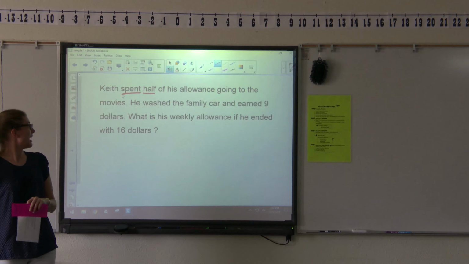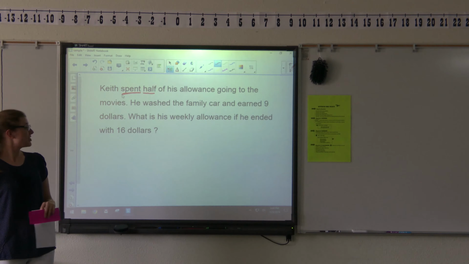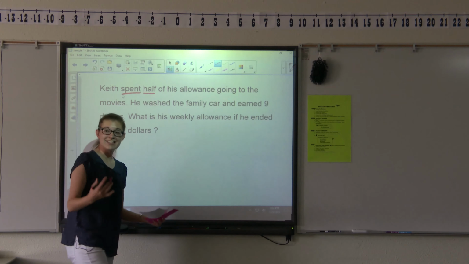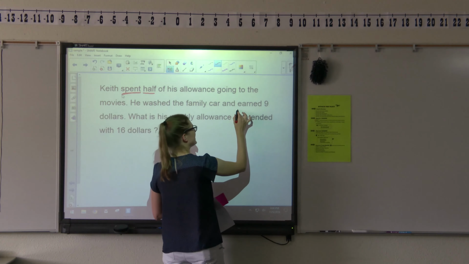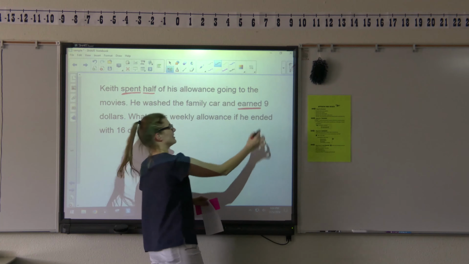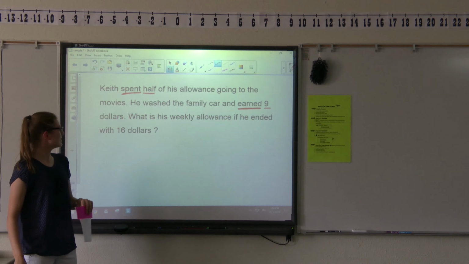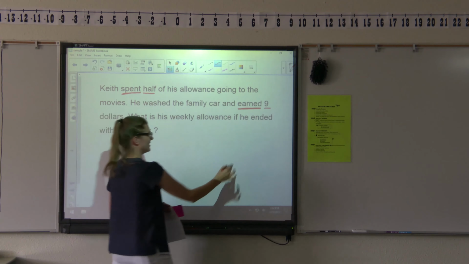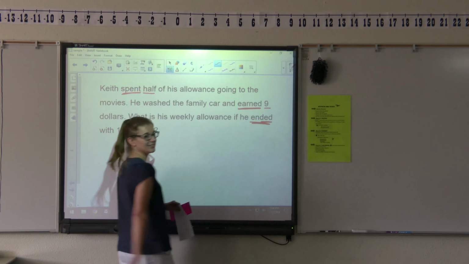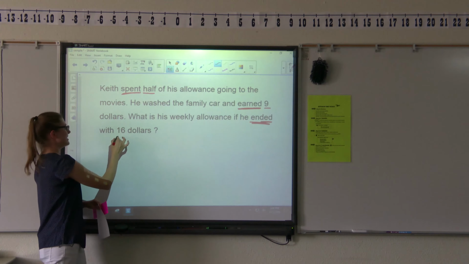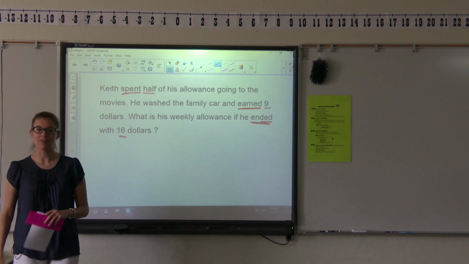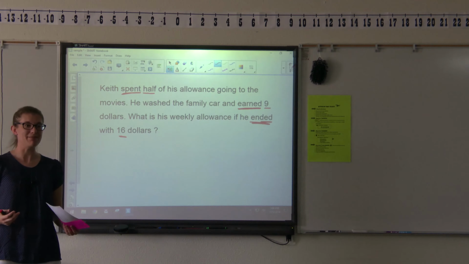Spent half of his allowance going to the movies. He washed the family car and earned, that's hiding another mathematical operation. He's getting more money, earned $9. What is his weekly allowance if he ended total, ultimate answer, $16. So I've underlined words that may become symbols.